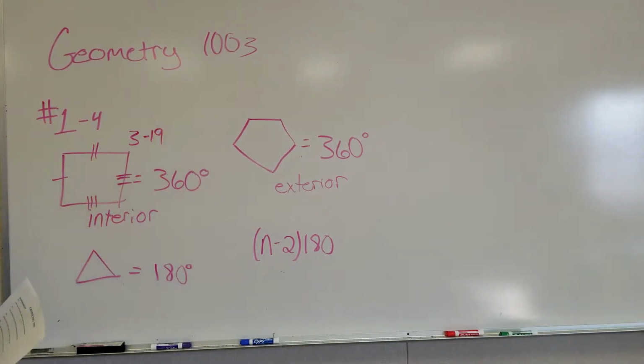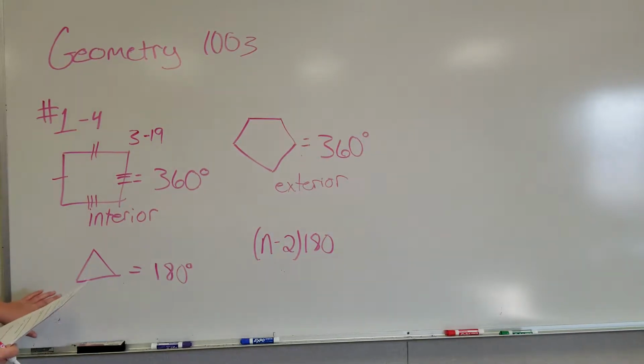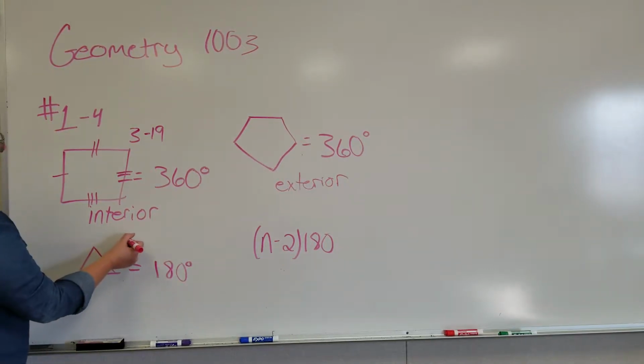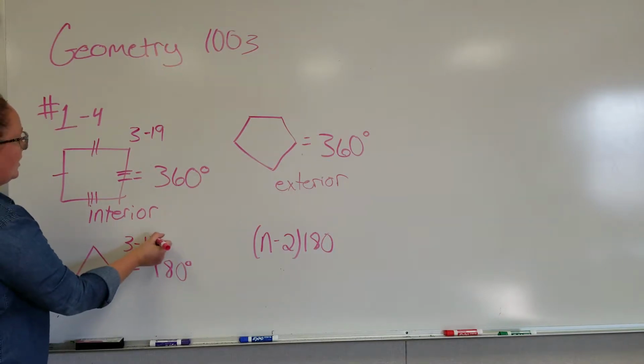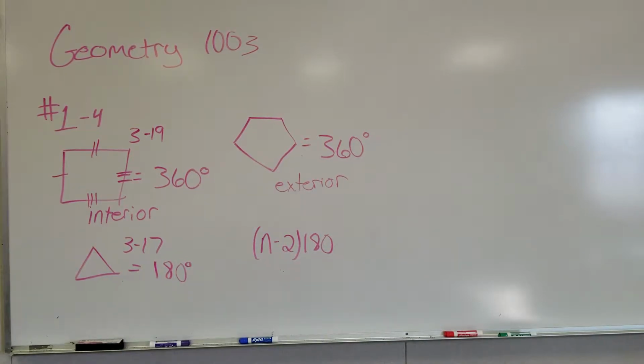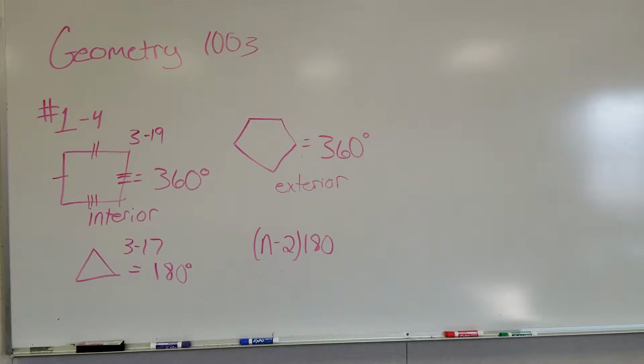Also for this, they ask the sum of the interior angles of a triangle is how many degrees, and it's 180. That's Theorem 317. Now I'm going to tell you how you find the sum of interior angles for any polygon.